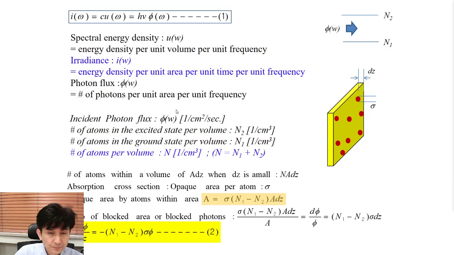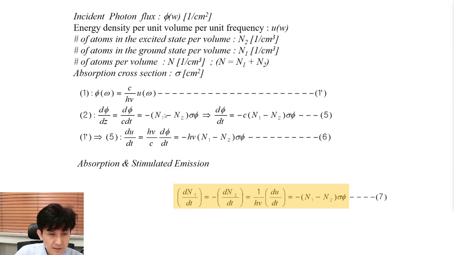So we just obtained the variation of the number of photons per volume with respect to time, and this ratio is exactly the same as the variation of the number of atoms per volume.